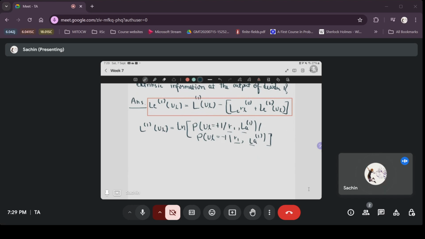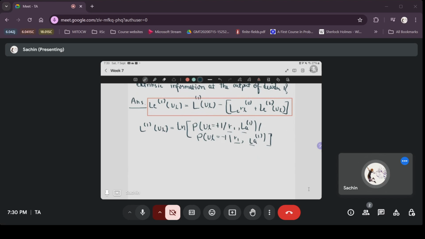But the a priori probability, after the first iteration at least, is nothing but the extrinsic L value from the decoder 2. So for the first decoder, the extrinsic L value of decoder 2 is used as the a priori probability, and for the second decoder, the extrinsic value of the first decoder is used as its a priori probability.